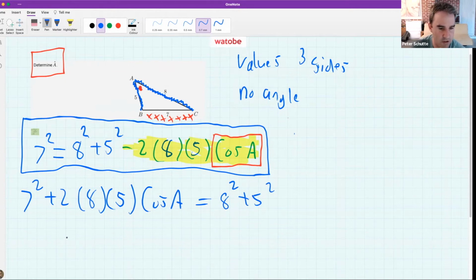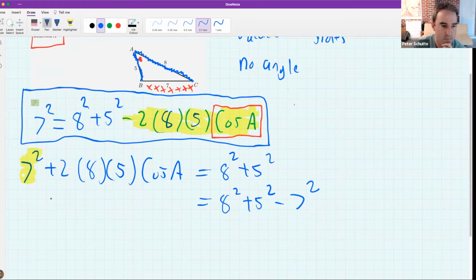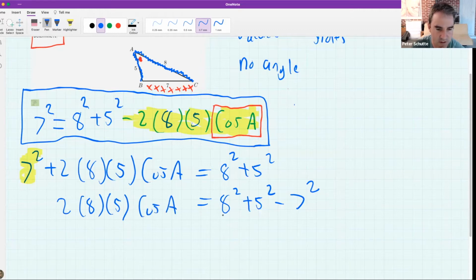And I am going to have to deal with the 7 squared. And so what I'm then going to do is take away the 7 squared from both sides. And so I'm going to get 8 squared plus 5 squared minus 7 squared. And then I'm left with just this 2, 8, 5 cos of A.